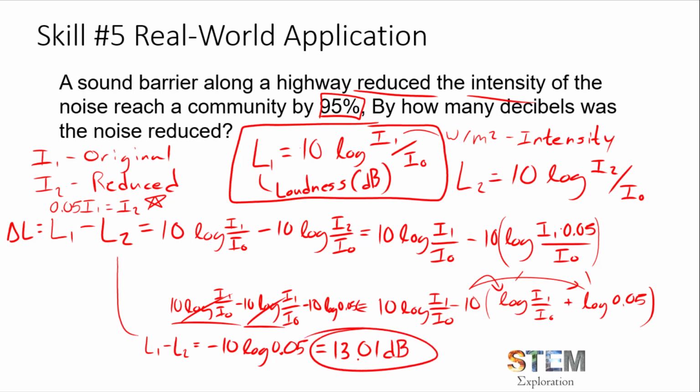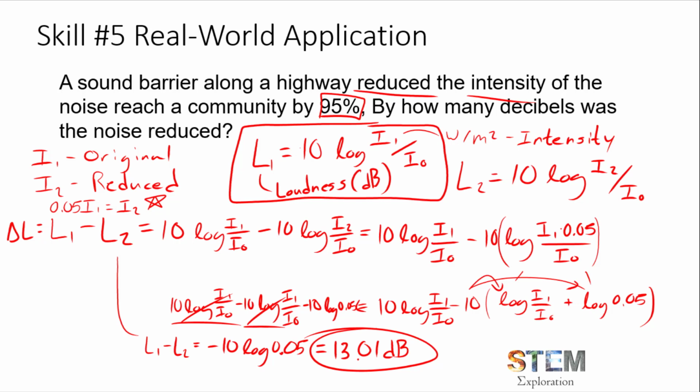With a problem like this, by applying knowledge of these logarithmic properties, we can take a loudness problem and determine the number of decibels that a barrier would need to absorb, or reduce the volume by, in order to reduce the intensity by 95%.